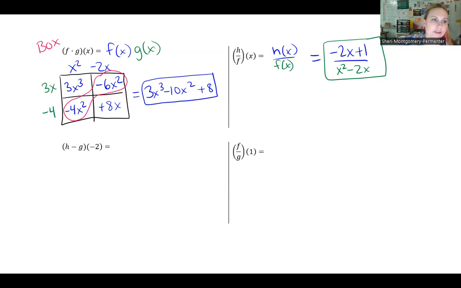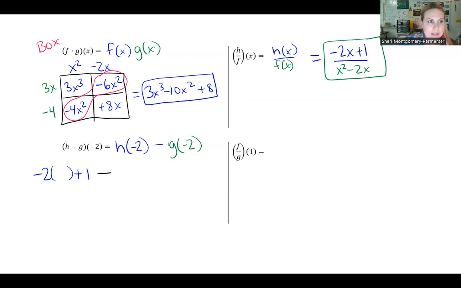The next problem for these, we're going to write them out, but it will be h of negative 2 minus g of negative 2. So what I'm going to do is write these out. And instead of x, I'm going to put a little negative 2 there. That's it. So I have h of x, which is negative 2 plus 1.